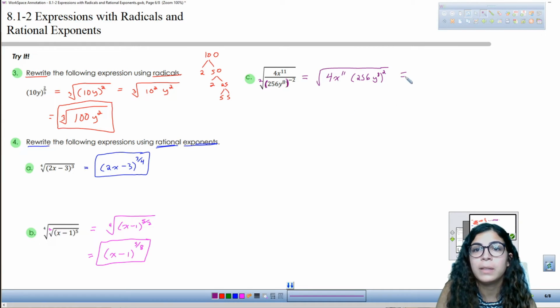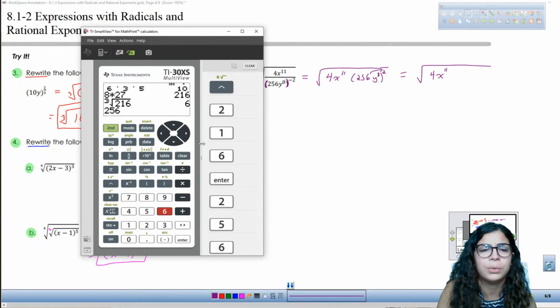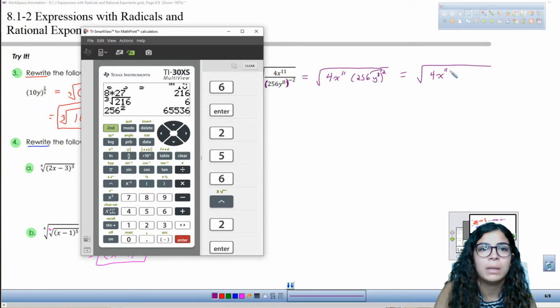Then I need to simplify this further, so I'm going to distribute that power of 2 to both of these. So I end up with the square root of 4x to the power of 11, and then 256 to the power of... wait, is it 11? No, power of 2. 256 to the power of 2 is 65,536.